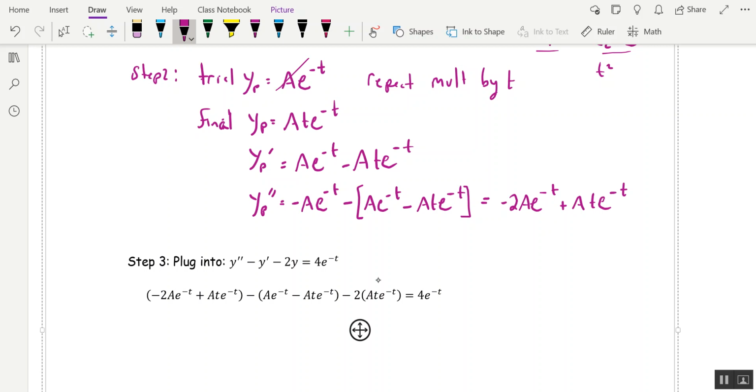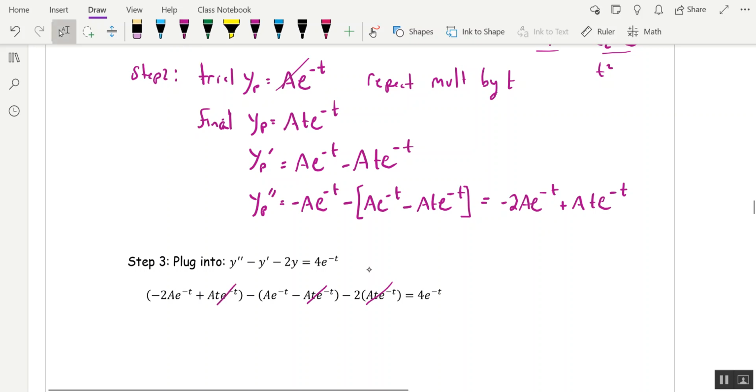However, when I look at this, I say, okay, I've got a t e to the negative t, and then I have another one of them because minus minus is a plus, so I have 2 a t e to the negative t, but then I'm going to subtract 2 of them. So this guy's going to kill this guy, and I'm only going to end up with minus a e to the negative t minus another one would be minus 3 a e to the negative t. So the left-hand side is going to simplify to that, and that's 4 e to the negative t.